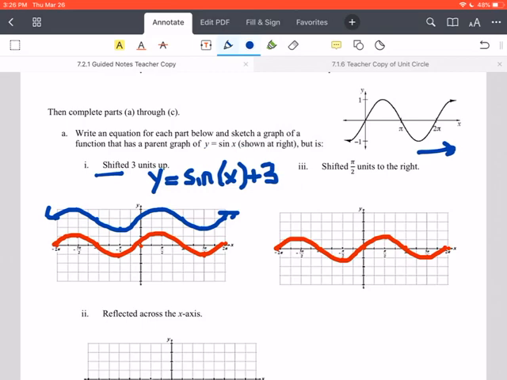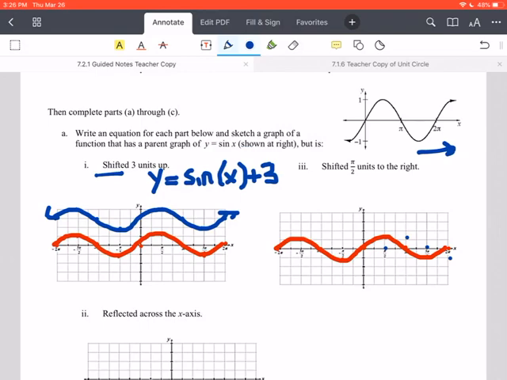Now when you have a scale, it's not that bad. So really, I'm shifting 90 degrees. I'm going to look at my origin point, and I'm going to move the point over to pi over 2. Now the peak of my mountain is going to move to hover over pi. Then I'm going to shift my original pi over to 3 pi over 2, and then my 3 pi over 2 over to 2 pi.